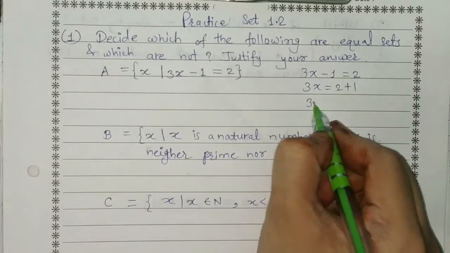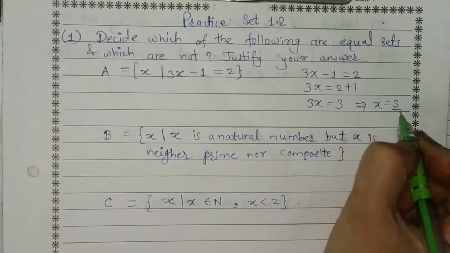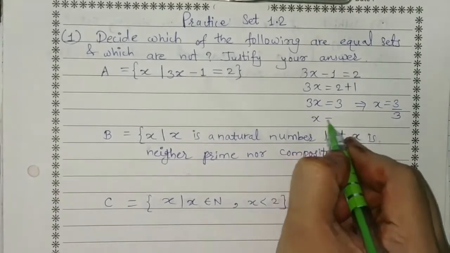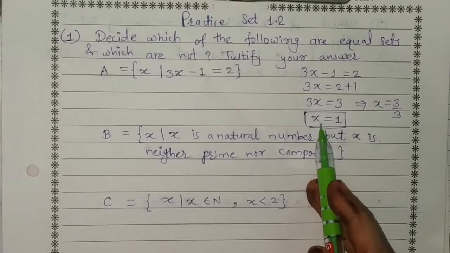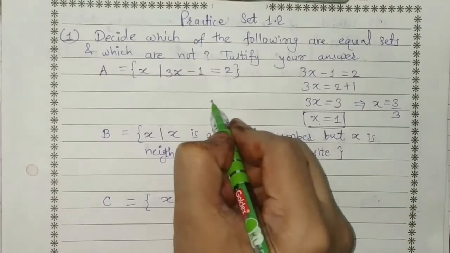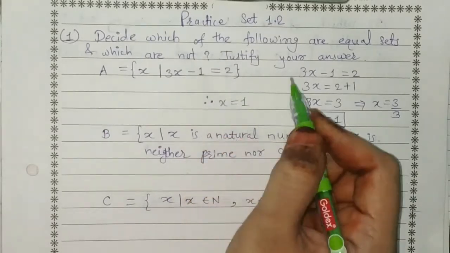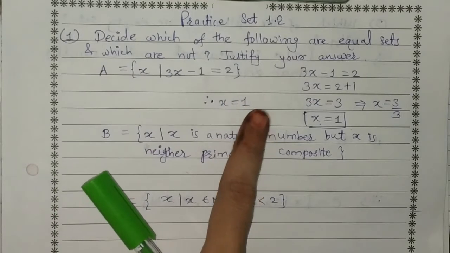Now we get x is equal to 3 by 3. So what is the x value? Dear students, we get x is equal to 1. So A contains x as an element, which is 1.